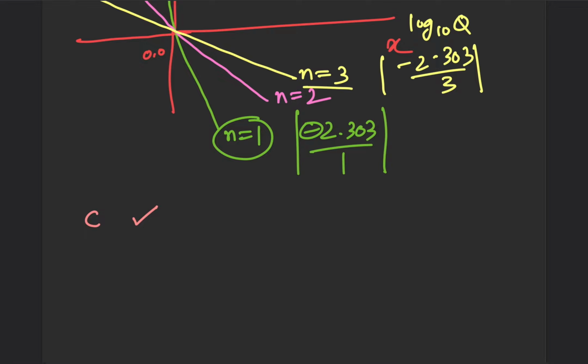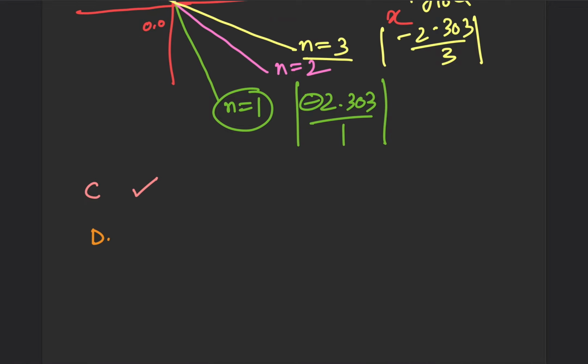Now coming to option D. Option D says that if the reaction is carried out reversibly, which means the process takes place very slowly and remains in a constant state of equilibrium, the electrical work done is equal to the ratio of charge and potential difference through which charge is moved.